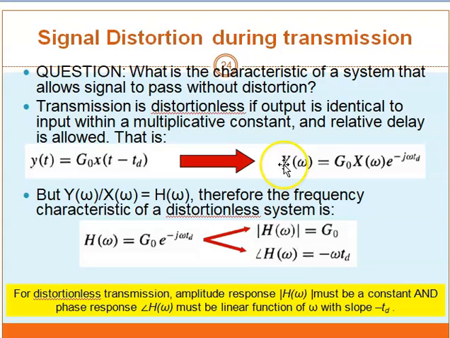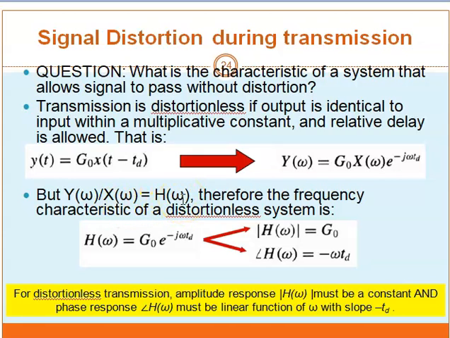This will give you Y(ω) equal to g0 X(ω) times e to the minus jω td, when you apply the Fourier transform. But Y(ω) over X(ω) is equal to H(ω).